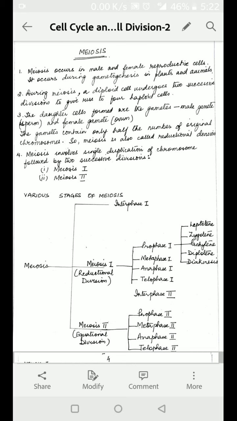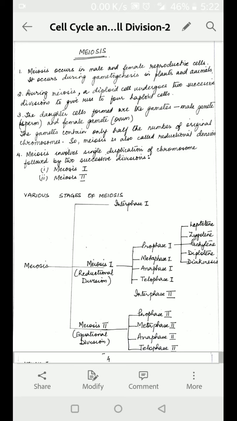During meiosis, a diploid cell having 2n number of chromosomes undergoes two successive divisions, one after the other, to give rise to 4 cells, and these 4 cells are haploid.